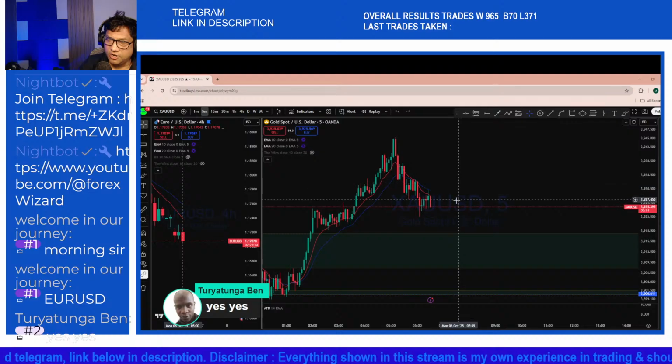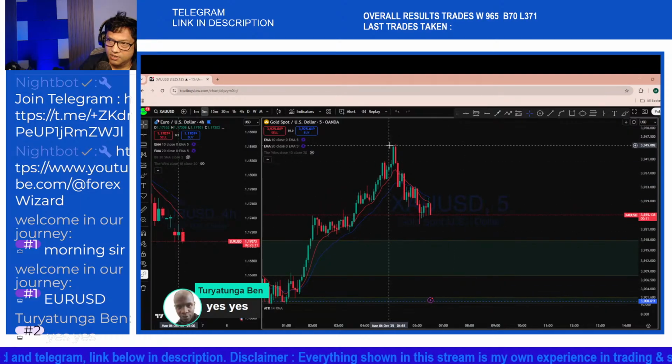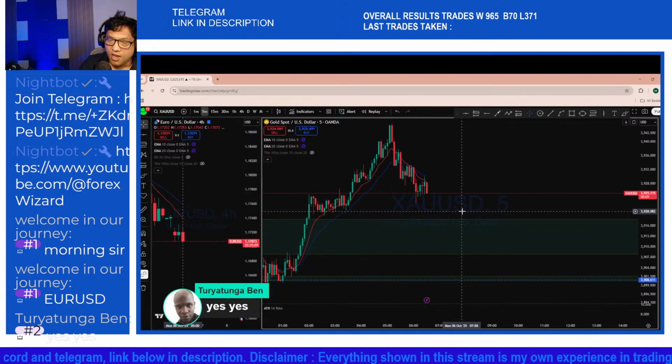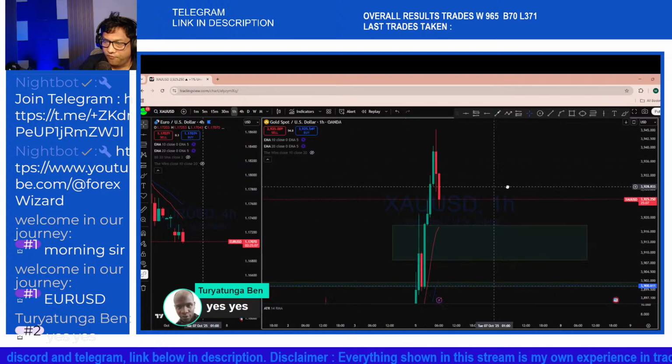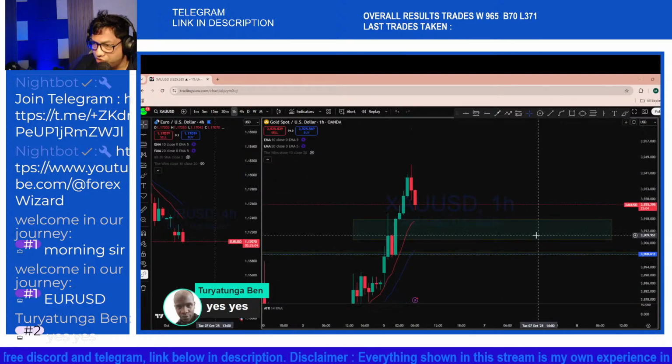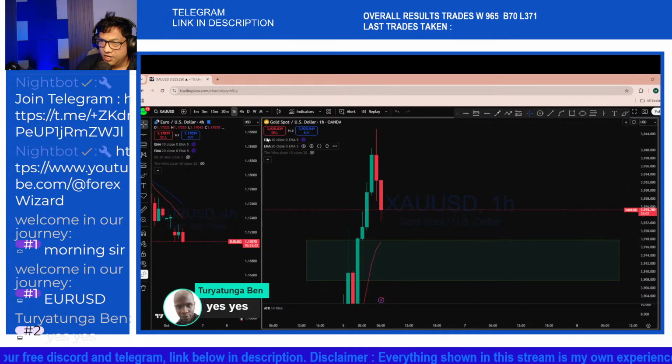What we are looking at here, guys, is a downtrending market structure, with a potential break of this support giving us an entry opportunity in that market.